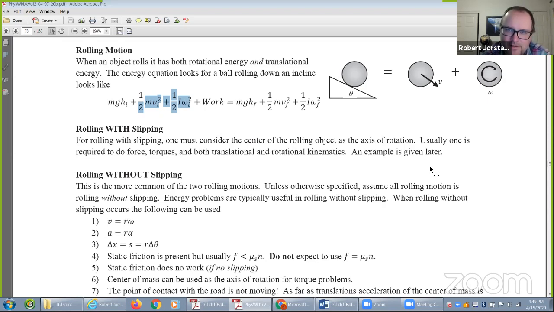Because of the friction, it twists, but that friction causes 0 displacement relative to the wheel, and therefore it does no work. So without friction, you wouldn't roll, but the work done by friction in rolling is 0.